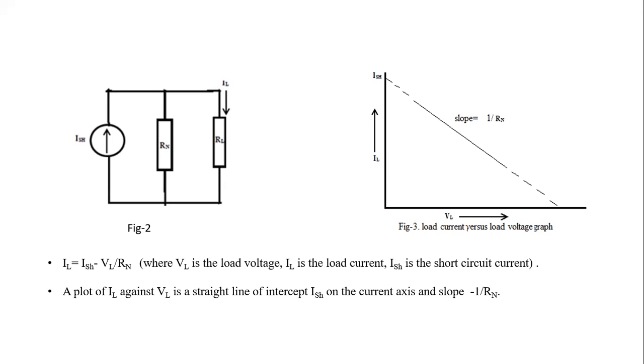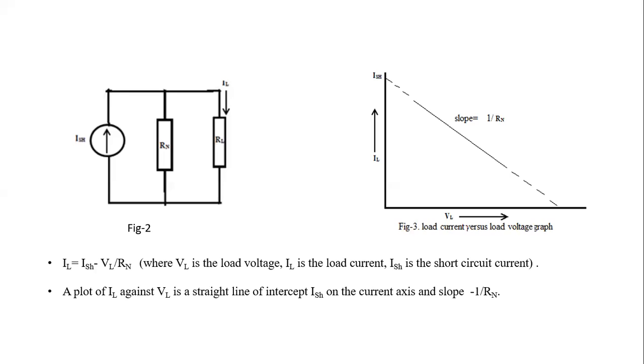So if we try to plot this equation, we'll get this graph, where we can see in the y-axis where it is cutting the y-axis, the intercept will be ISH. We get this from the equation, right?